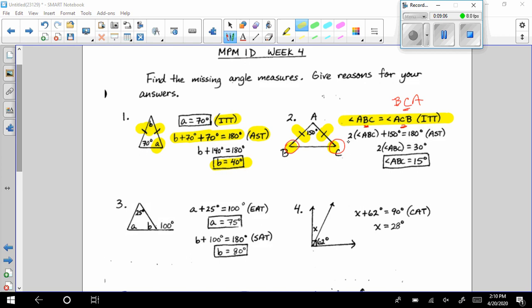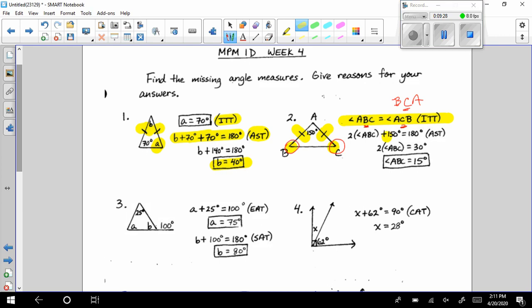So I know that 2 times the value of, and I could have used either one of these because they are equal in value, 2 times the value of angle ABC plus 150 degrees equals 180 degrees because all the angles in the triangle add up to 180, AST.